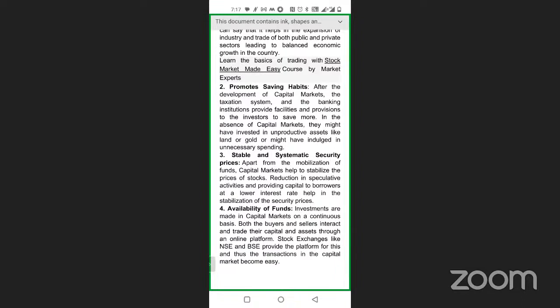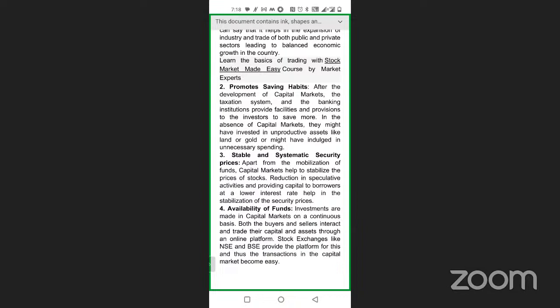So the facilities of the institutions that draw the investment are very high. People are being motivated through these agencies to make their investment. So the second function of capital markets is promoting the saving habits of the individual.